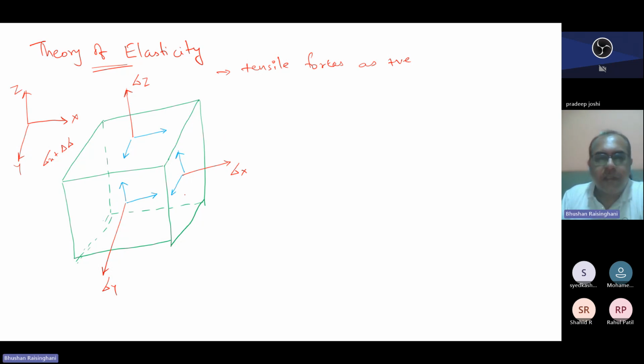So when this 3D object is there, this is a 3D element having size dx, dy, dz. So this is the volume of the small object we have taken from, let's say, any flow system that we are going to evaluate.